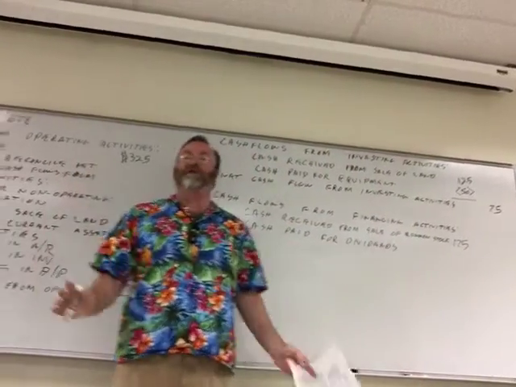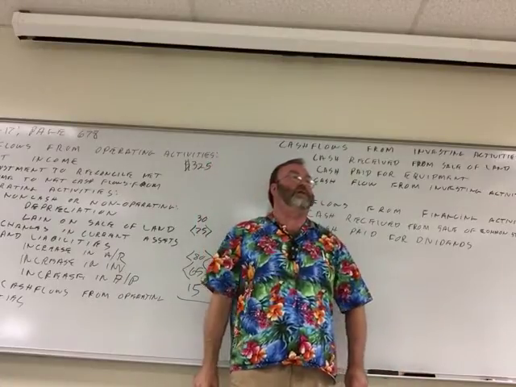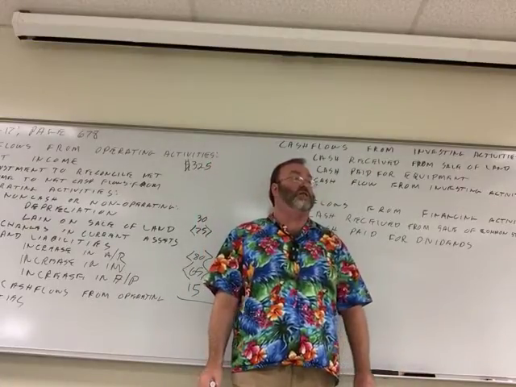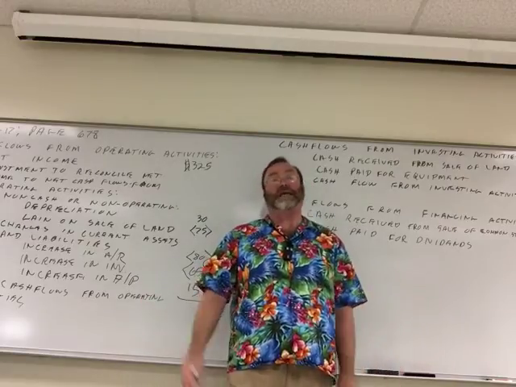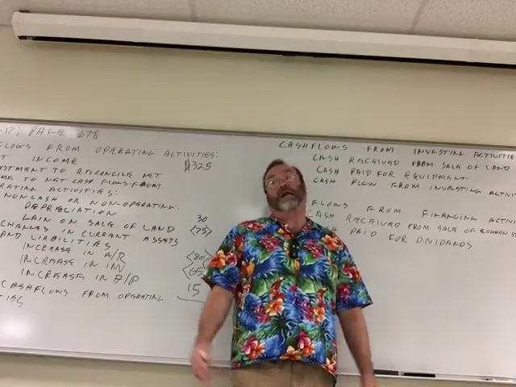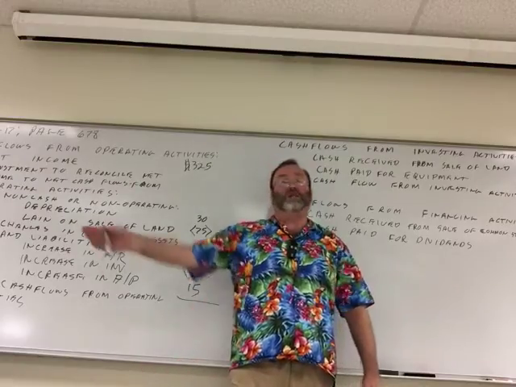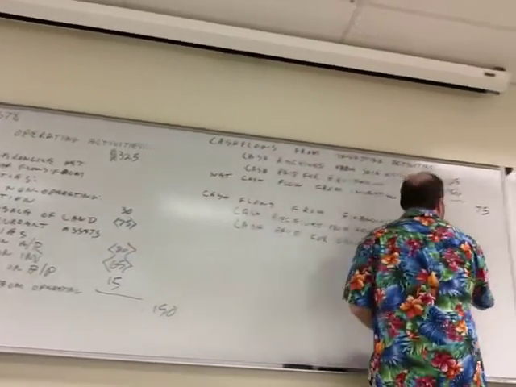So if we declared $100 worth of dividends, but we still have 30 of it that is owed to the shareholders, to the common stock shareholders, how much did we pay in cash? We declared 100, and we still owe 30 of it. $70.